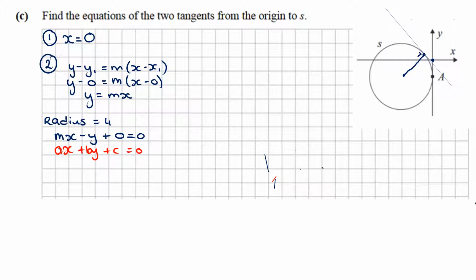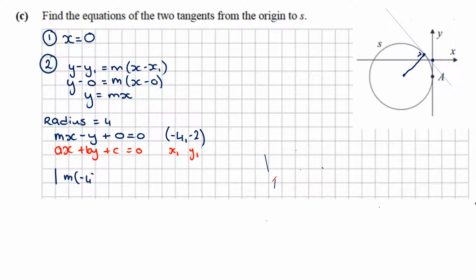The point that we're working with is going to be our center point, so we worked that through before. It's minus g, minus f, so from earlier in the question that was minus 4, minus 2. That's x1, y1.